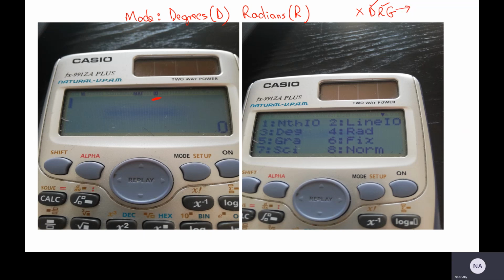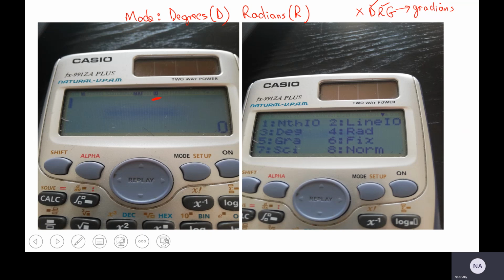The G, we're not going to work with. It's actually known as gradians, but we won't use that. So how do I get my calculator in the correct mode? By default, it is in degrees.